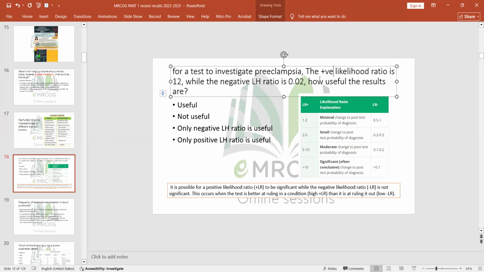So if I'm trying a test or investigation, for example, ultrasound in preeclampsia, which is, by the way, a very good topic to start with if you are doing your research.